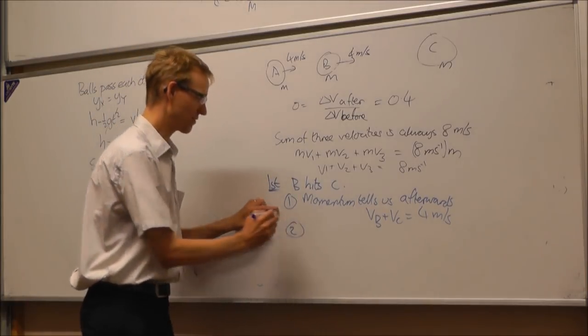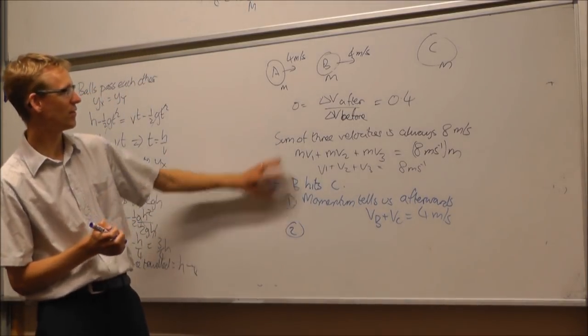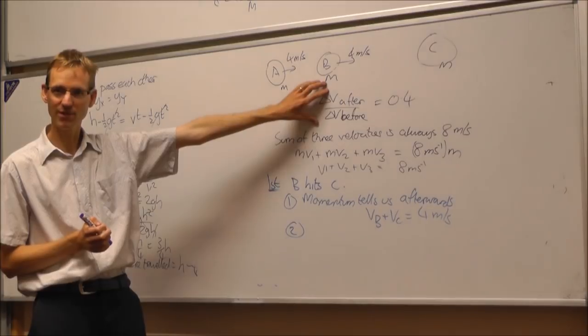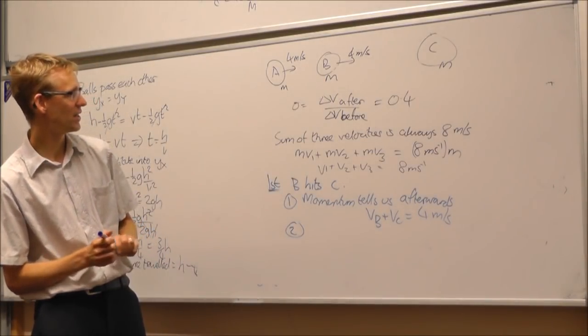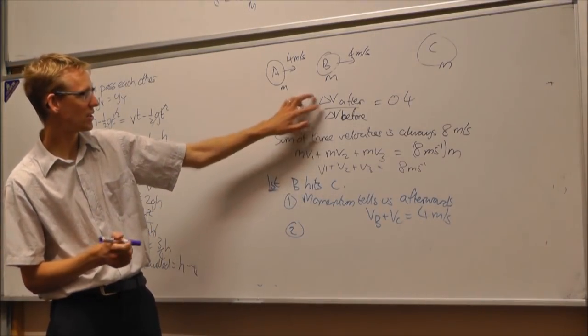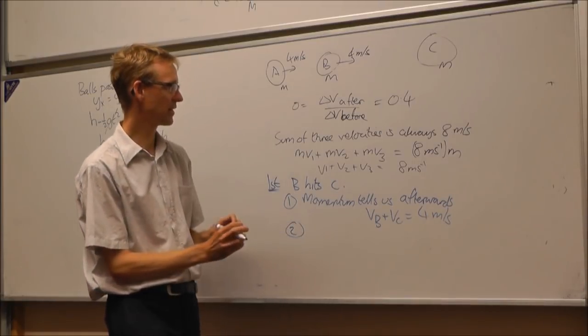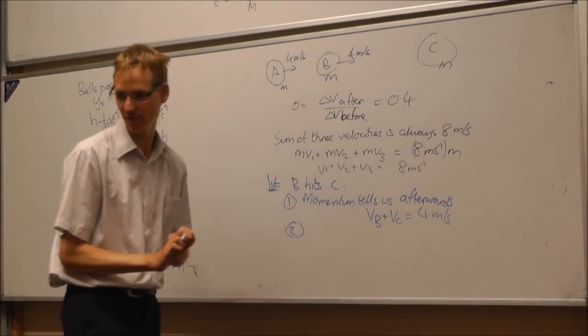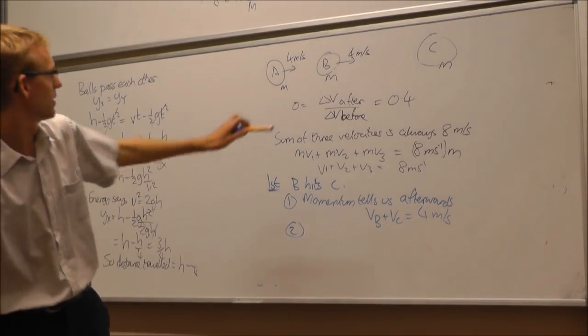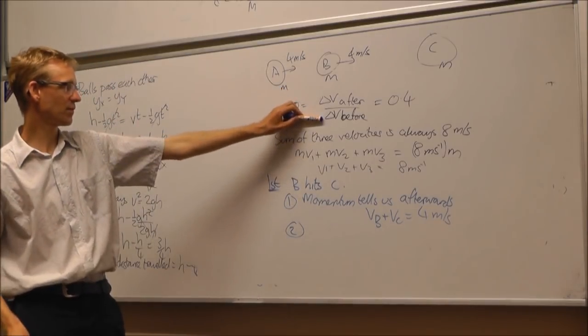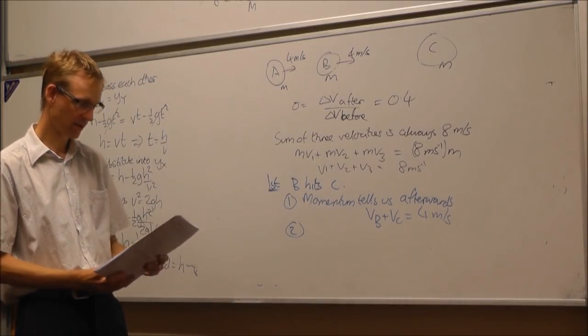Remember, we always need another equation, so this has got to come from that extra bit of information. The difference in velocities afterwards divided by the difference before is 0.4.